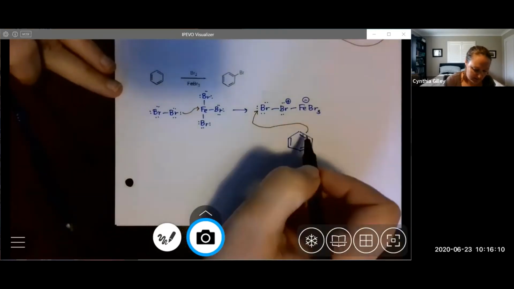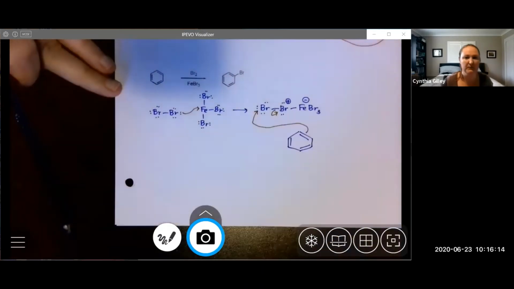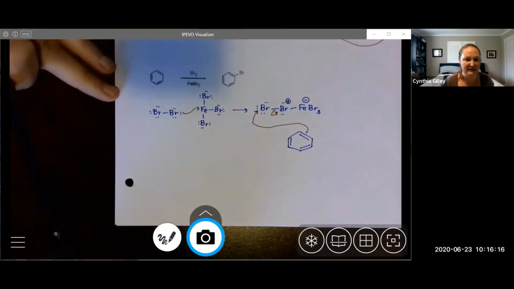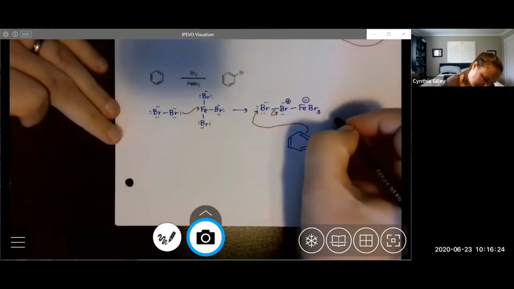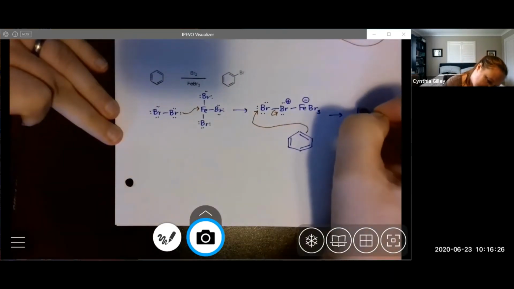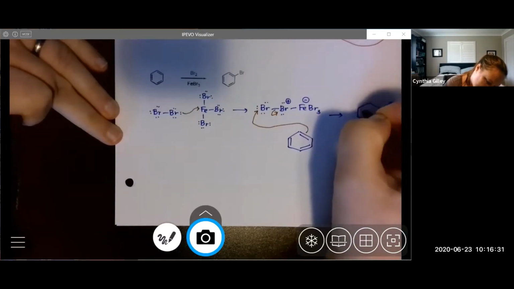Interestingly, the aromatic ring will attack this bromine, and then this one will act as the leaving group. So oftentimes things attack the atom attached to the atom with a positive charge, instead of directly attacking the atom with a positive charge. So this gets us to the arenium ion.